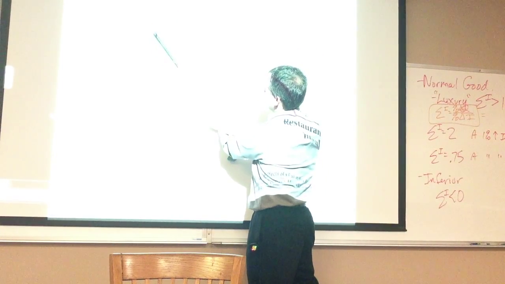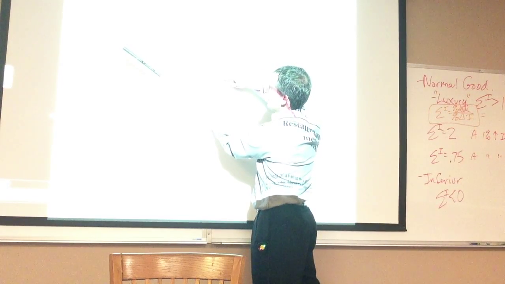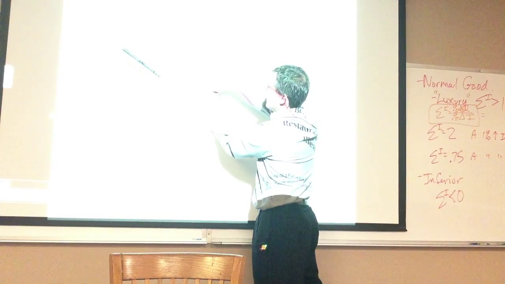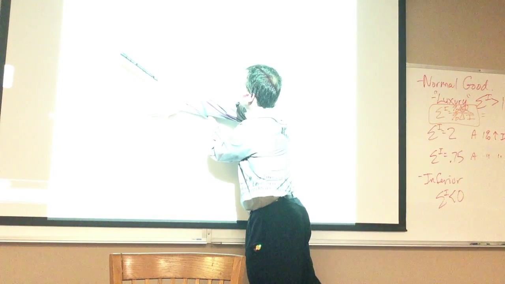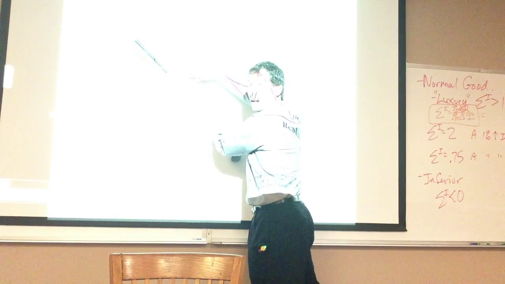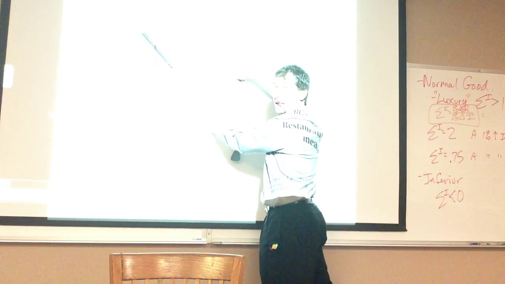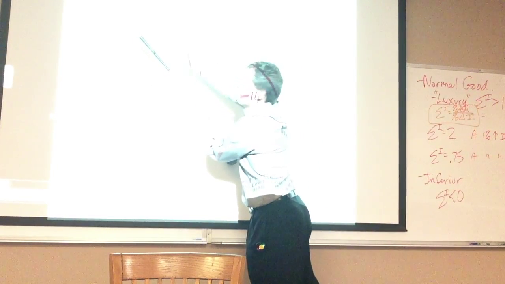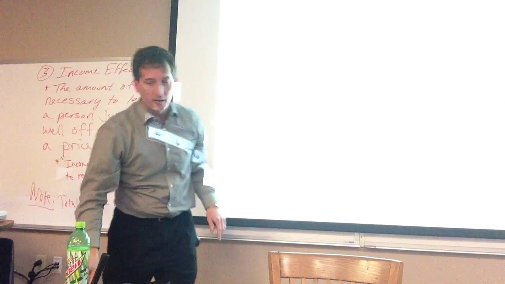So if this ends up being the substitution effect, go from here to here. Substitution effect is negative, right? Coming down, income effect brings us back up. So still a normal good. Going from here to here is the income effect for that good as well. So both of them are normal.